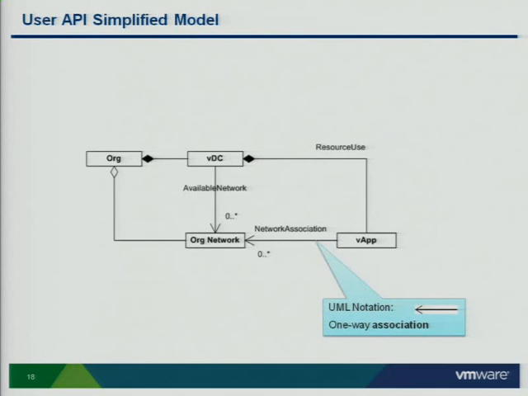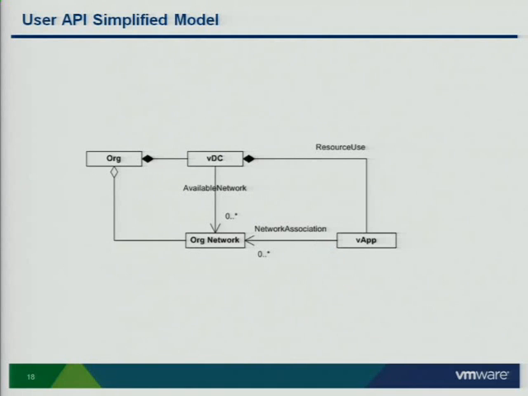Basically, this is a one-way association. In this example, the VApp has an association to network, to org network. Basically, this is the networking. This can be an external network, or this can be an isolated network. I'll talk about this a bit later.